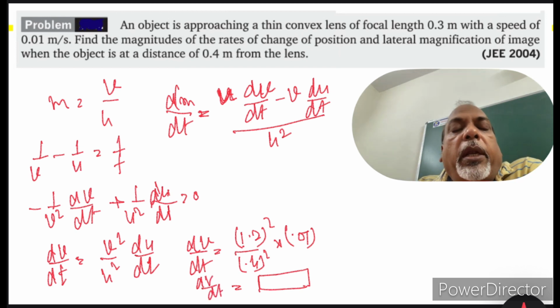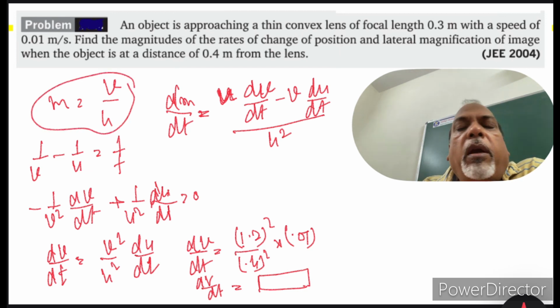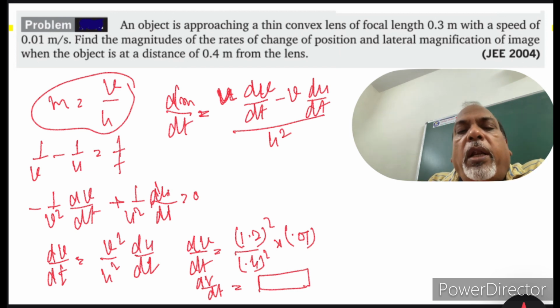And likewise, for finding out dm by dt, we know the formula of magnification, that is v upon u. And if we differentiate it with respect to t, then this will be (u dv by dt minus v du by dt) upon u square. And if we put the values here, that is 0.4, dv by dt is whatever value is coming, suppose this is x, then you can put x here.